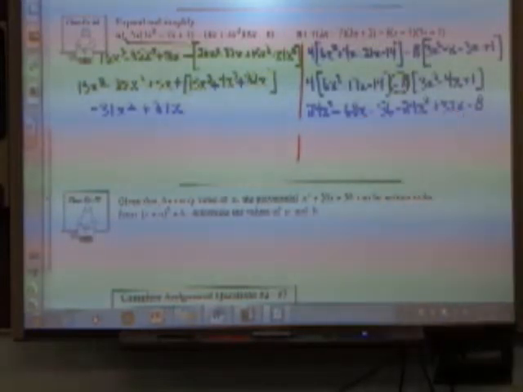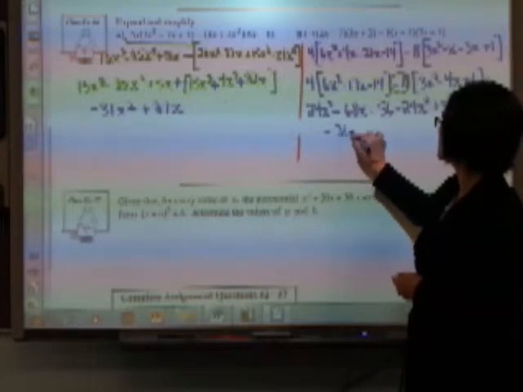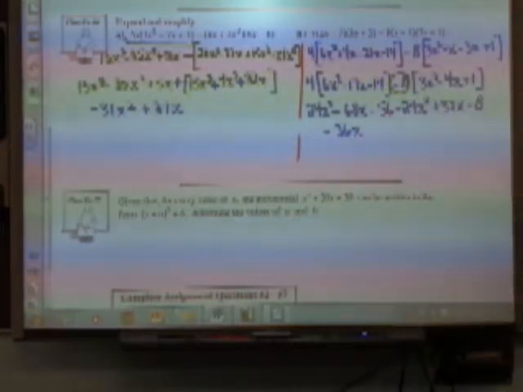Negative 68x plus 32. And negative 56 and negative 8. Good.